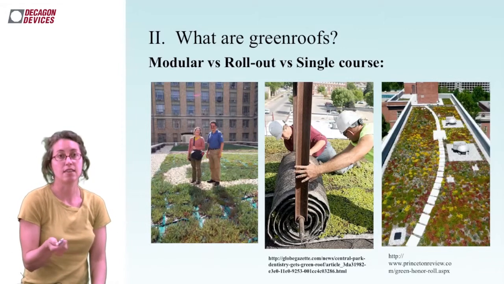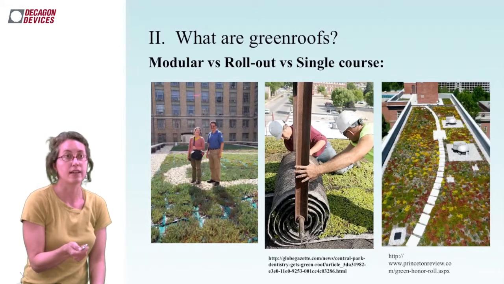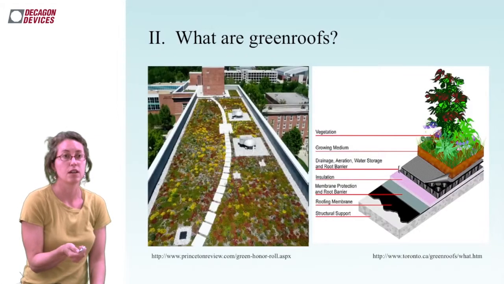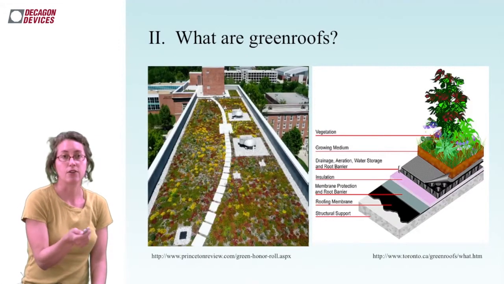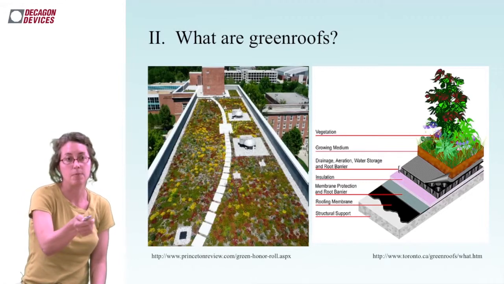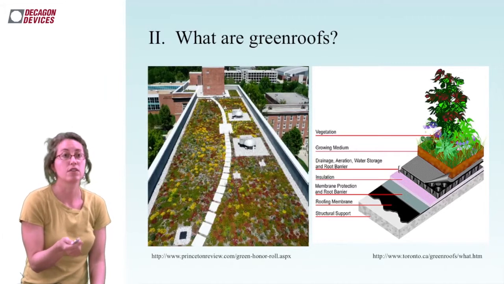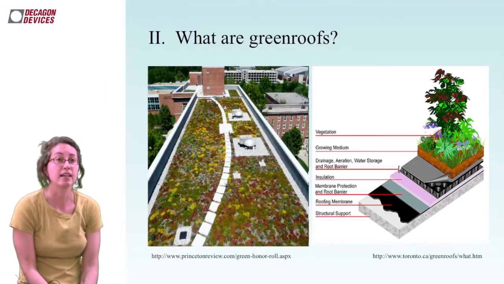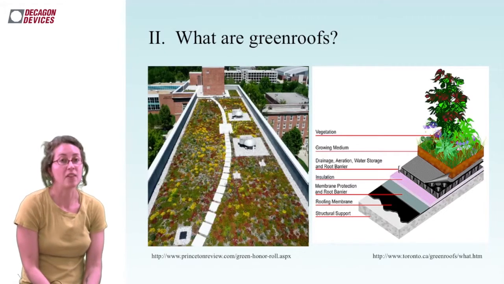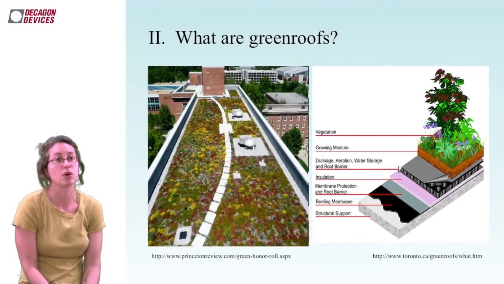So what's underneath those plants there on that extensive single course green roof? Here's a little diagram that was put together. You can find it at that website that I've referenced, and you can see basically on top of your roof structural support, there's usually a rubber roofing membrane, and you don't want that rubber roofing membrane to get punctured, so a lot of times they'll put a protective barrier on top of that.